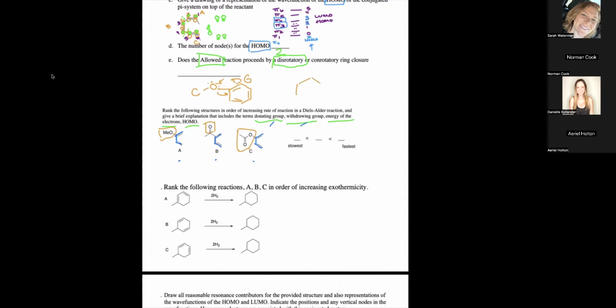But if you have a group that has the more electronegative atom on the outside, away from the resonance system, then this will be a withdrawing group because it is pulling the electron density away from this resonance structure. So that is the quick and dirty way to decide if something is a withdrawing group or a donating group.